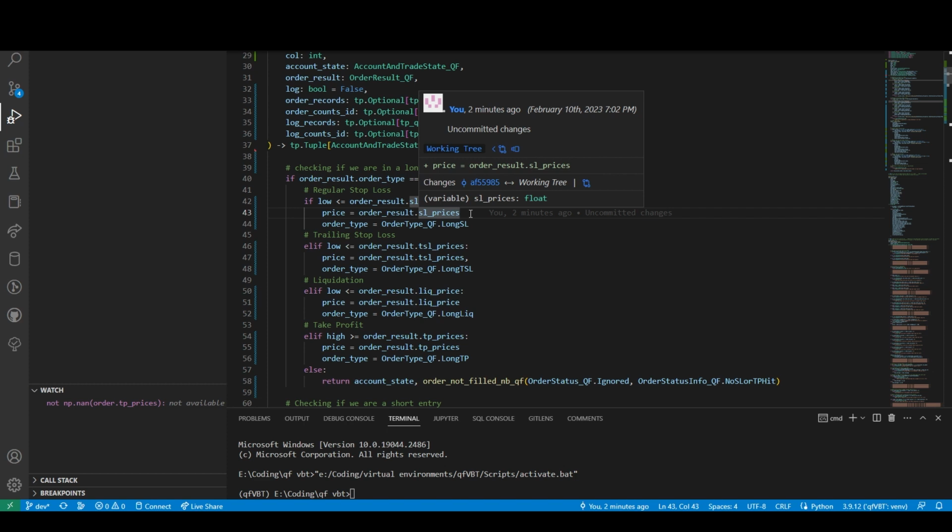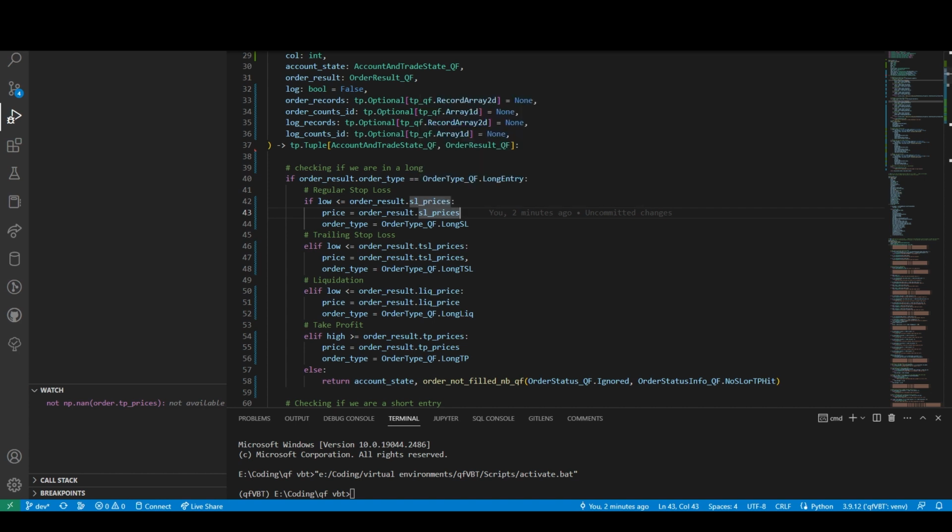Oh my god. Yeah, I think stop losses and take profits are going to have to be... Because how do you determine how much take profit to take? Oh man, this is going to get so confusing.